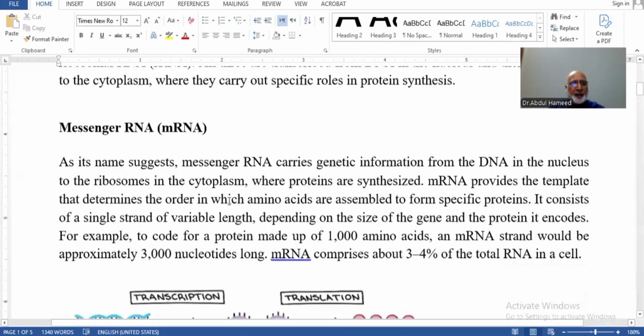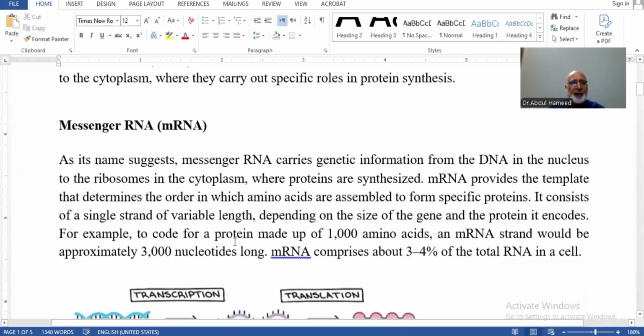So messenger RNA, its name suggests its activity because it is a type of message. So messenger RNA carries genetic information from DNA in the nucleus to the ribosome in the cytoplasm where proteins are synthesized. Messenger RNA provides the template that determines the order in which amino acids are assembled to form specific proteins.